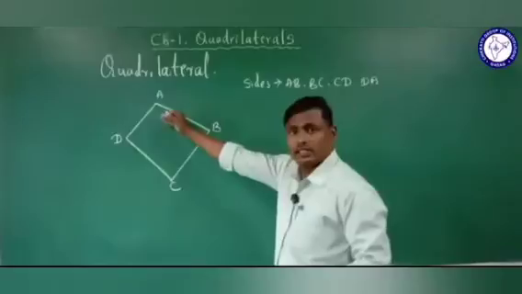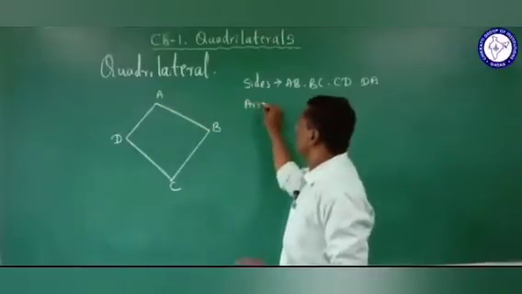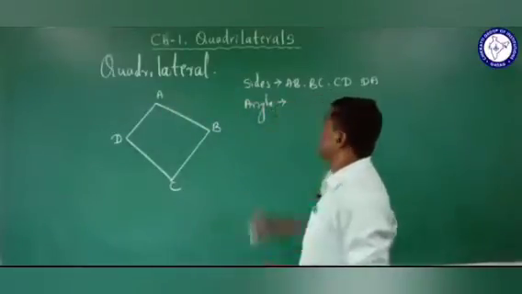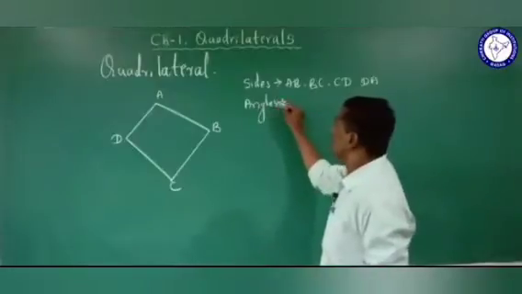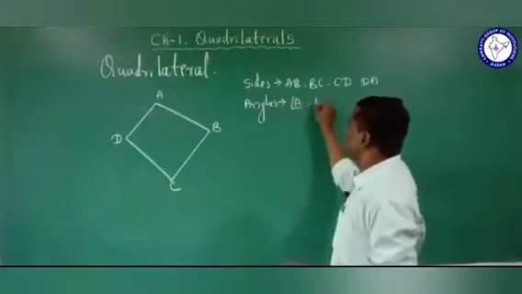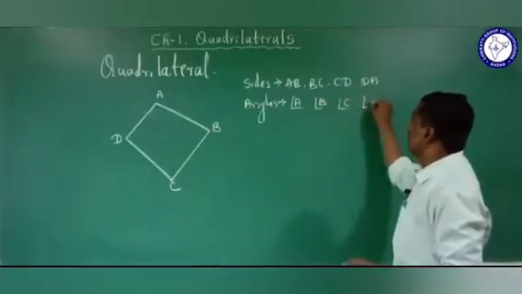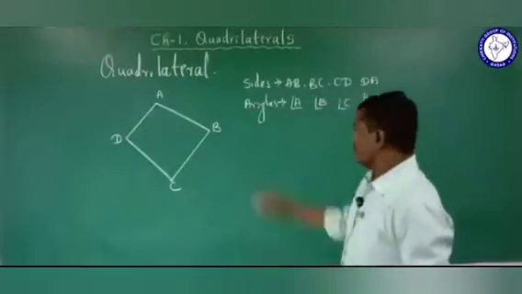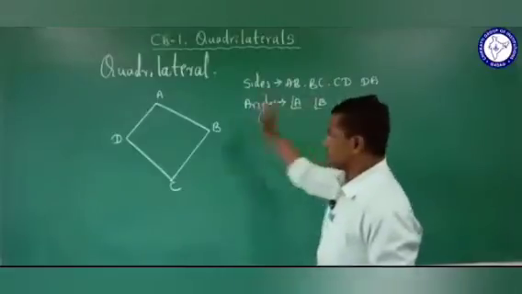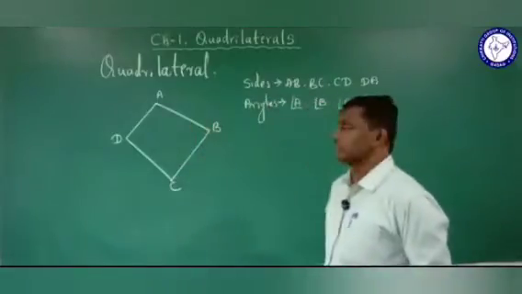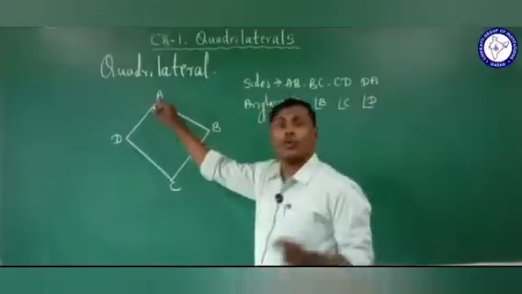Next, the same quadrilateral has four angles: angle A, angle B, angle C and angle D. It also has four vertices.